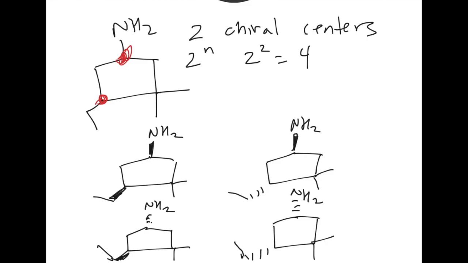And then we should be able to label each pair as either being enantiomers or diastereomers.